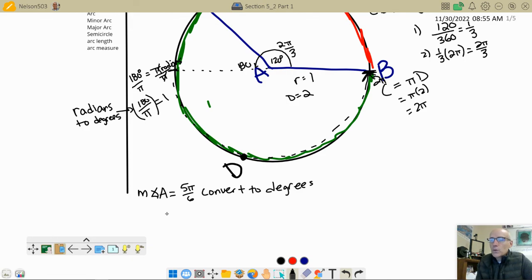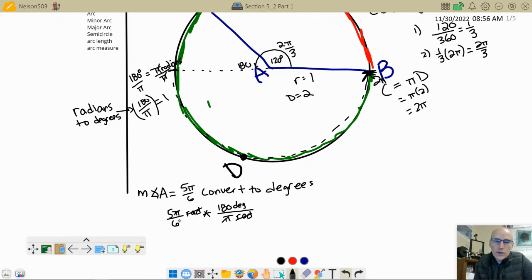In one fell swoop, I can go 5 pi over 6. If you want to think about it in science terms, this is radians. And I'm going to multiply by 180 degrees divided by pi radians. The radians kind of cancel out, and then the pi would divide into that pi, right?